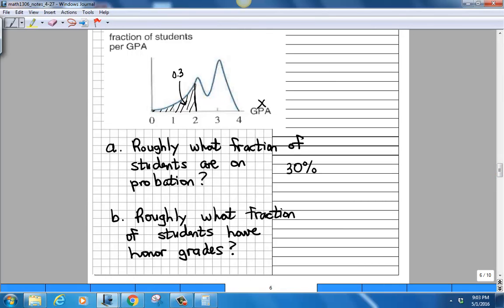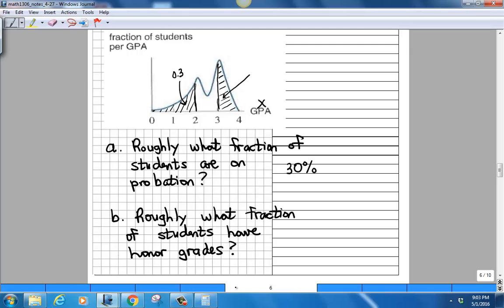Let's see, roughly what fraction have honor grades? I think honor grades would be above 3, at least that's how I'm interpreting honor grades. So we're trying to get an idea of the area of this little piece over on the far right, GPAs between 3 and 4. That looks probably pretty close to a third, but maybe a little bit less than that.